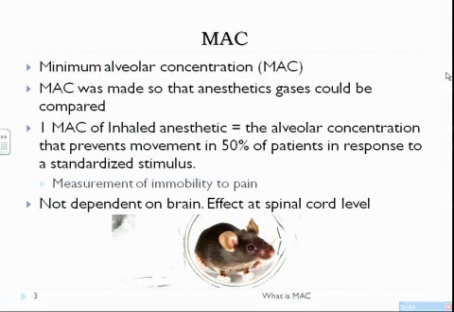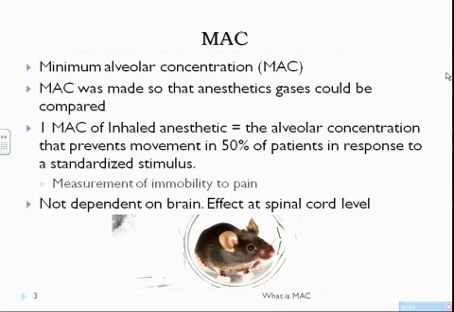Specifically what they were doing, of course, was taking a little mouse friend here and shocking his tail. Now, to our surprise, this is not the MAC that's affecting the brain. Because when you apply a painful stimulus to a mouse's tail, what you're inducing is called a reflex arc.